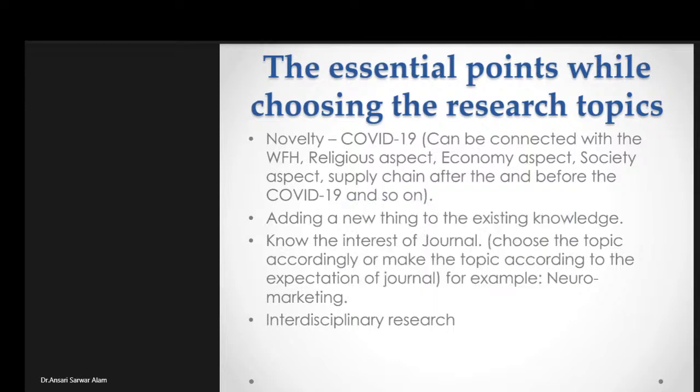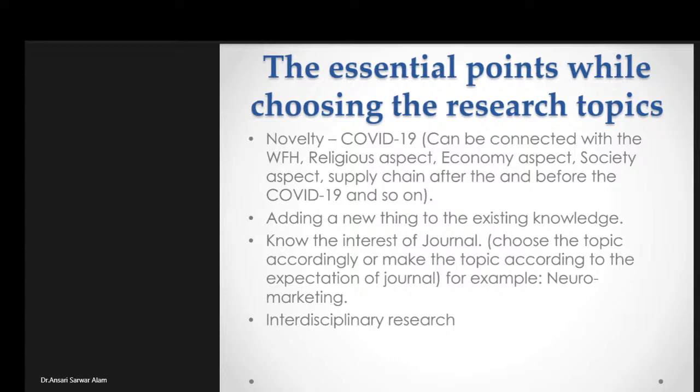Moreover, as it was a very new field for me and I wanted to do something with regard to this subject, I started to gain knowledge, and I completed a certification course in neuromarketing with that intention. So I got the journals, I got some papers, then I thought that I should increase my knowledge regarding neuromarketing. So I did a certification course in neuromarketing. So this is the way out.